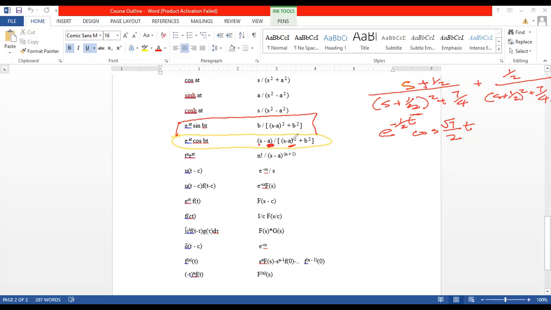So this S minus a squared, and then you have a minus a up here. The only thing we have with an S up in the numerator is this, but it has a half up there, so we have to put the minus a up there. So change this to a minus. That's the only one we have here that we can use, with this table.